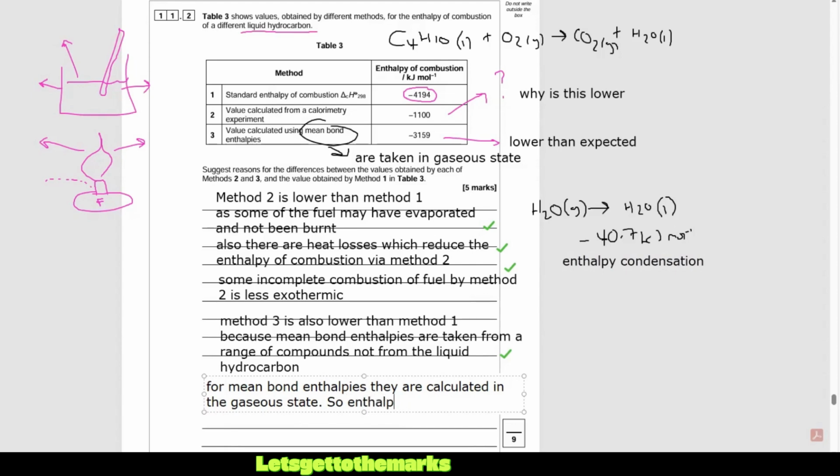So enthalpy of condensation needs to be factored in for water. So when you're doing the overall equation, you would need to take into account this, and it would change this number a little bit. So you've got to take into account the enthalpy of condensation of water, because in our equation, water is going to be in the liquid state, but the mean bond enthalpies, they broke the bonds in water in the gaseous state. Okay, boom. Let's move on.